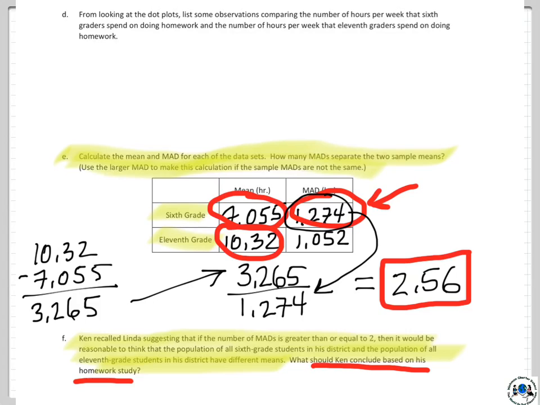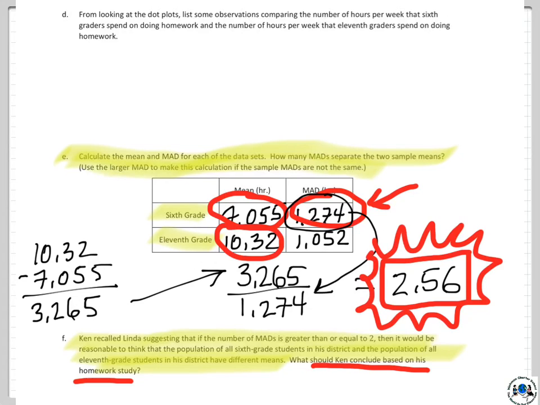Well, it's pretty simple. Because of the confirmation we got from this 2.56 number, we can reasonably conclude that an average 11th grader spends more time doing homework per week than the average sixth grader. We can make that claim because we saw it in a few places.